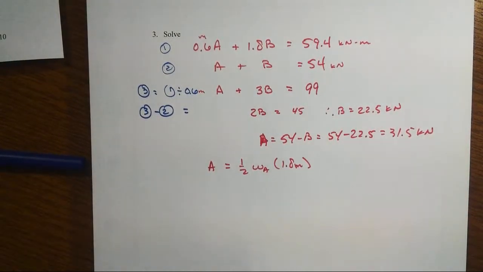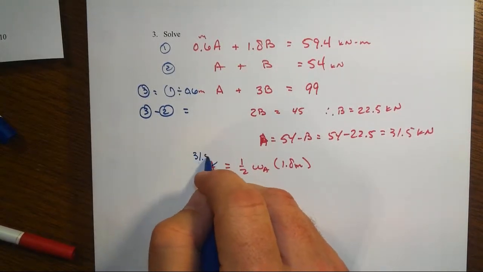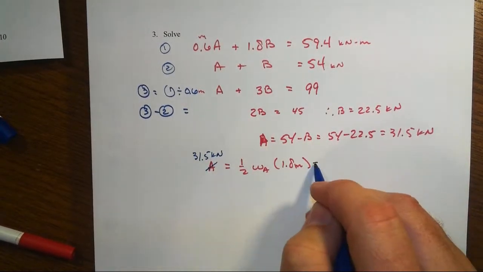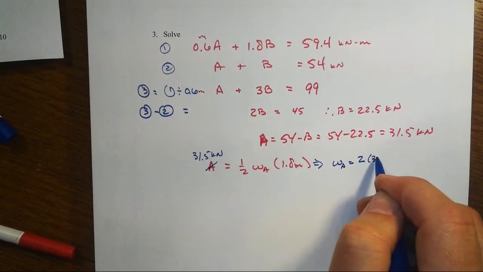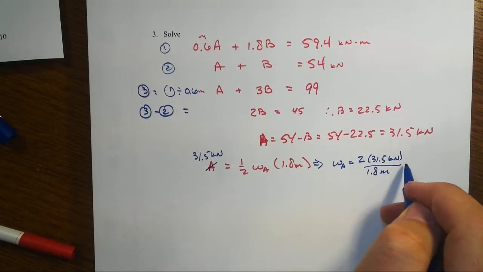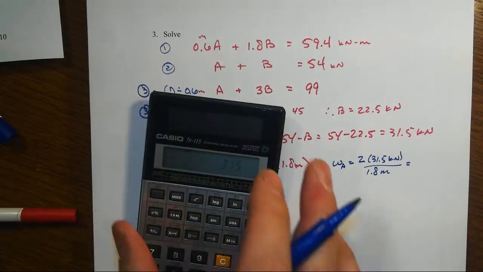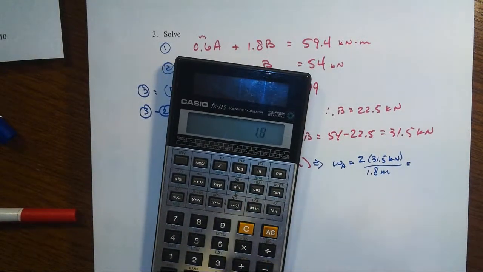So we now know that A is 31.5 kilonewtons, and so check this out. WA is going to be equal to 2 times 31.5 kilonewtons divided by 1.8 meters. The units matter, and they show up perfect to what we've got going on here.